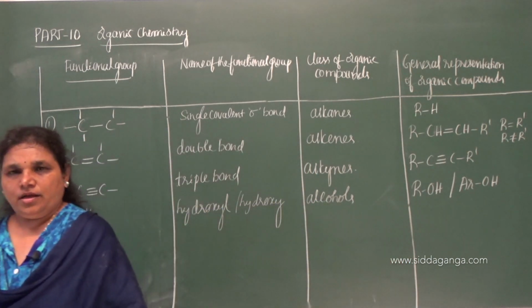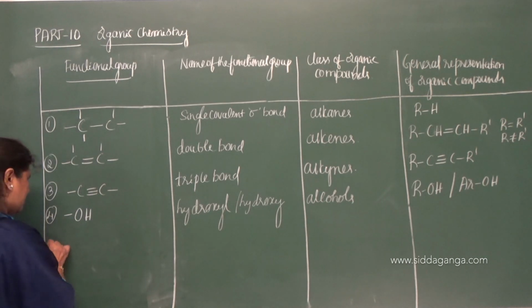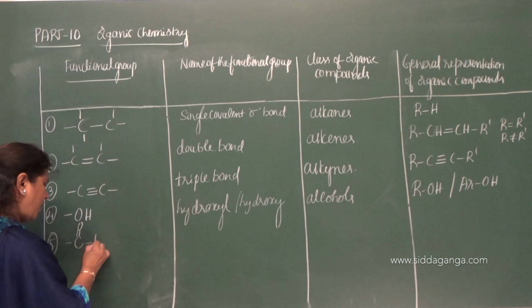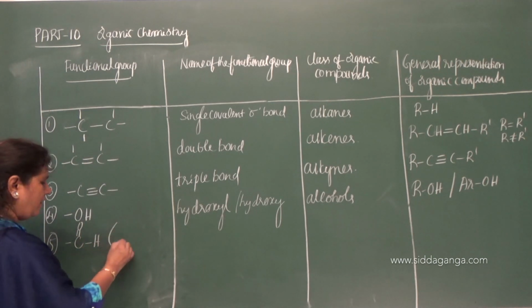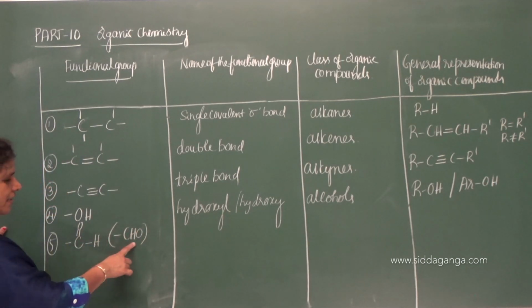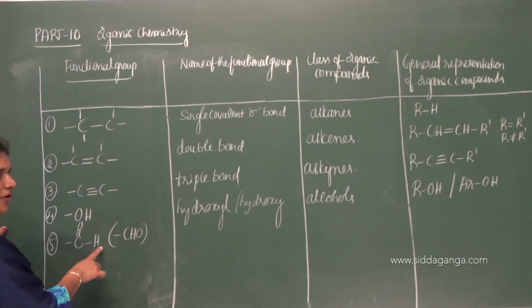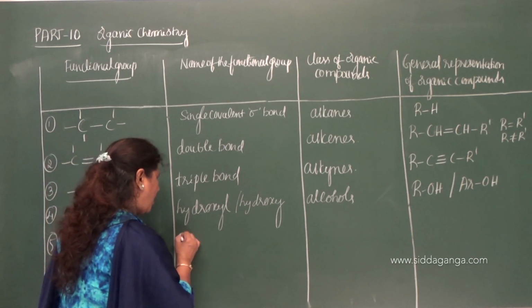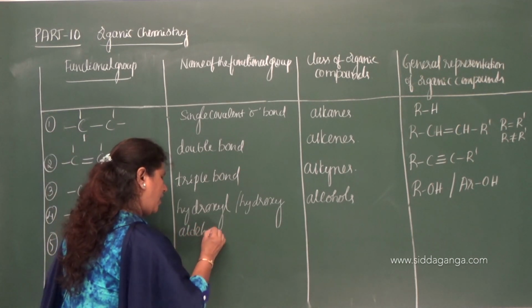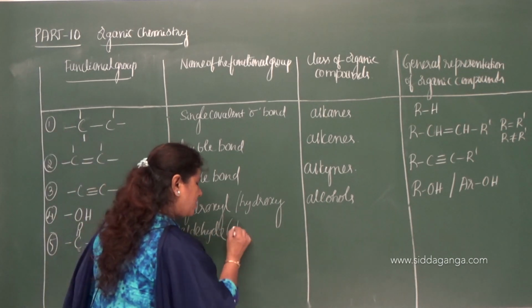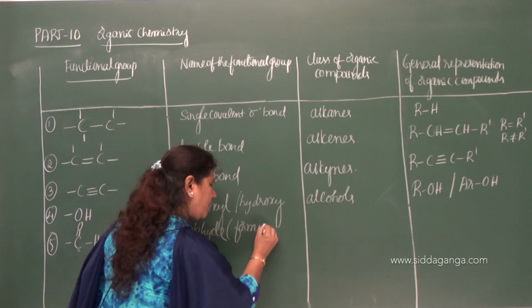Okay, now the fifth one is the aldehyde group, C double bond OH. I'll give the structure here along with the abbreviation CHO. You can represent it as CHO or C double bond OH. And you know that carbon is the key atom here. The name of the functional group is aldehyde functional group, and it is also called formyl group.